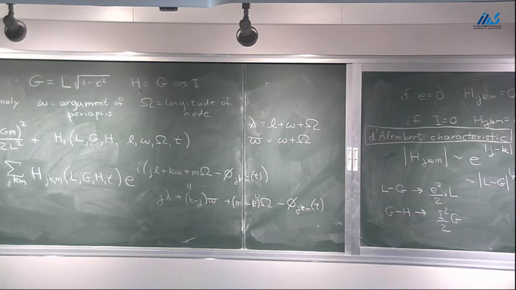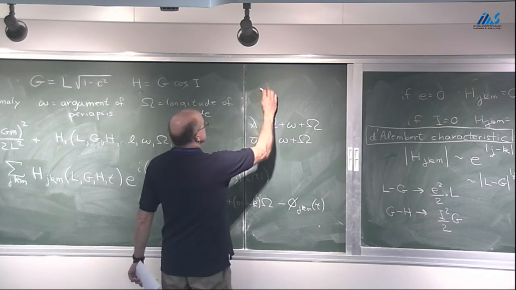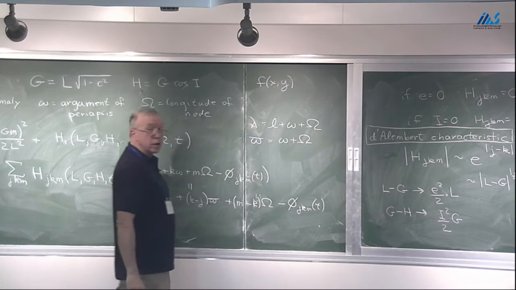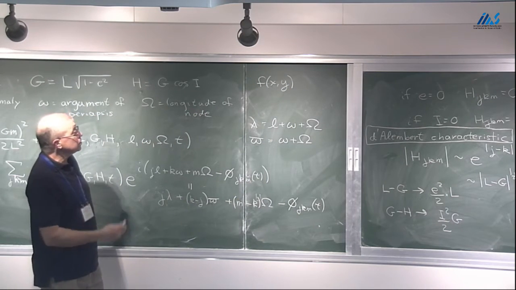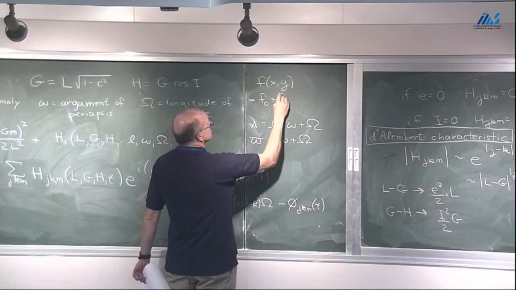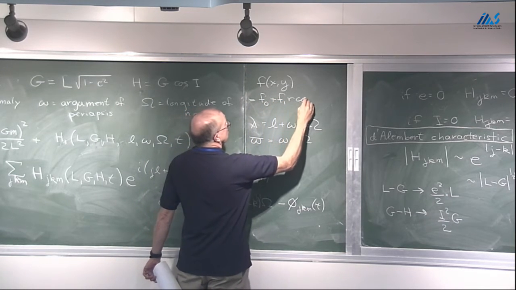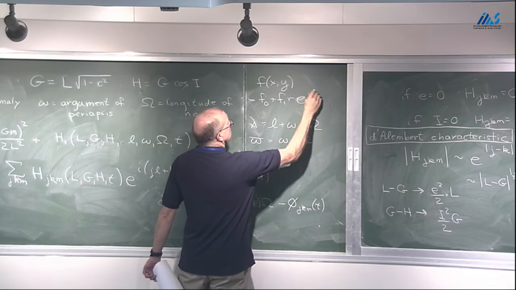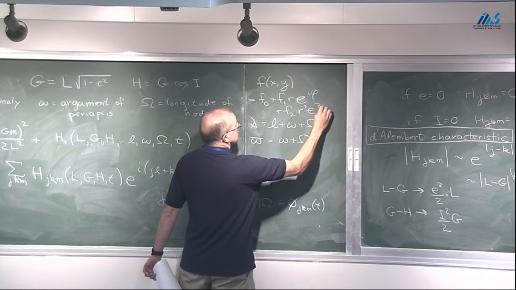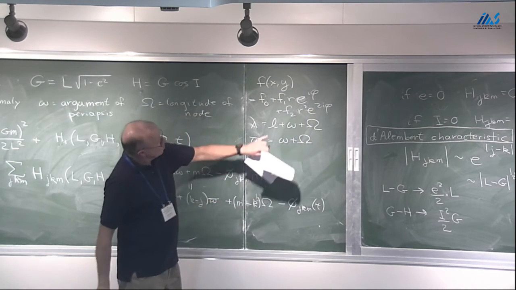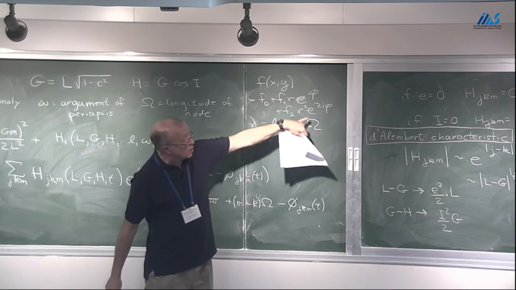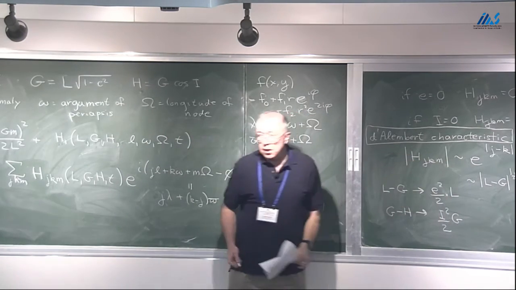And so, for example, if I had some arbitrary smooth function of x and y in Cartesian coordinates, and I expanded it in polar coordinates near the origin, it would have an expression like f0 plus f1 r e to the i phi plus f2 r squared e to the 2i phi. And the fact that the 2 up here is associated with the square of the radius is exactly the same as the d'Alembert characteristic.